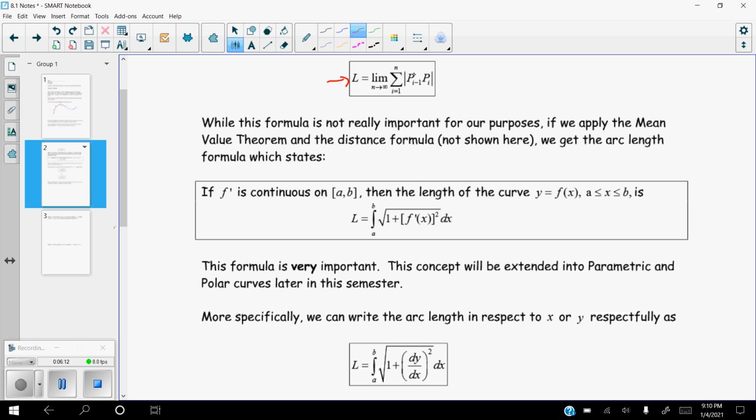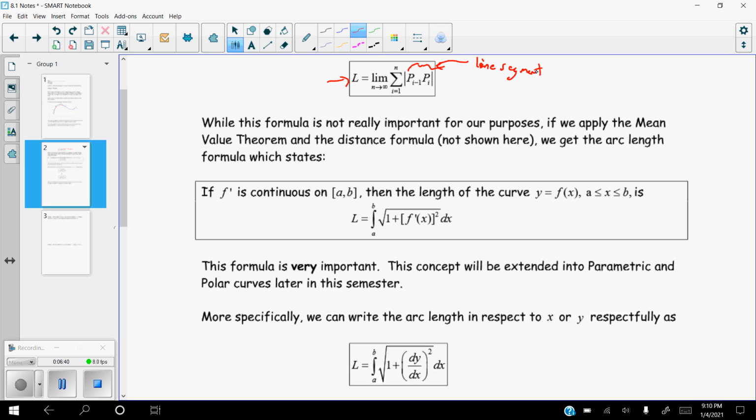So this right here represents a line segment between 2 consecutive points. The absolute value is there because if we count it backwards, it's fine, but that would give you negative values, and we need the absolute value there because these are all going to be distances. They're going to be positive. And then we're going to add them all up.